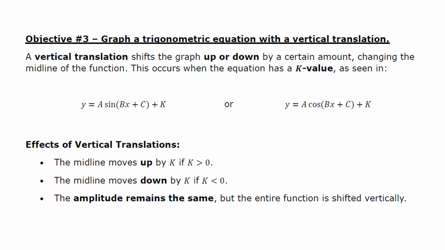So now we're adding, or I guess you could say subtracting, a value. So the midline is going to move up by k if k is greater than 0. In other words, it's positive. The midline will move down by k if k is less than 0 or a negative value. The amplitude remains the same, but the entire function is then shifted vertically.